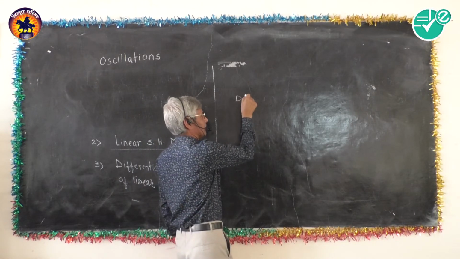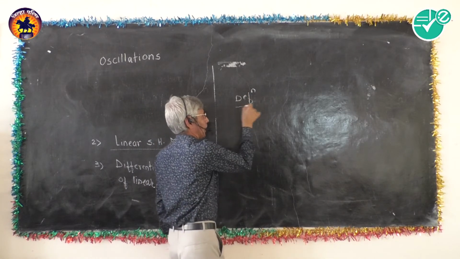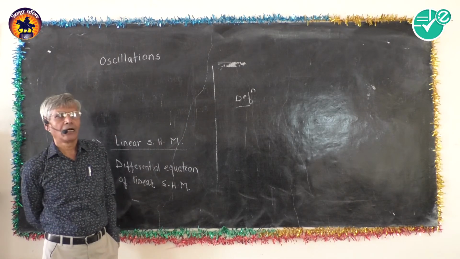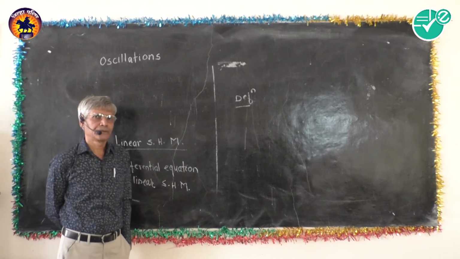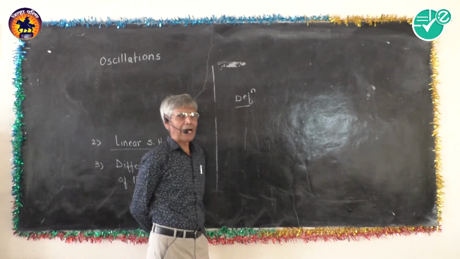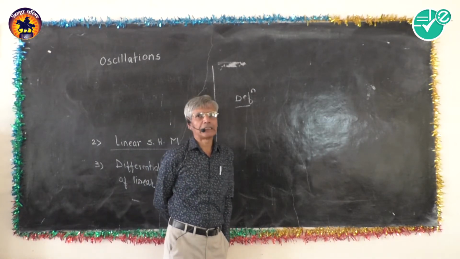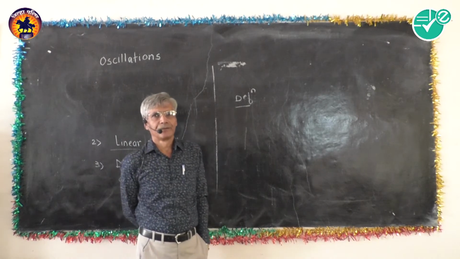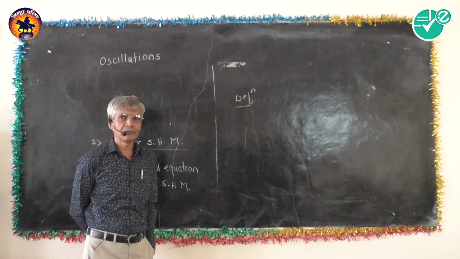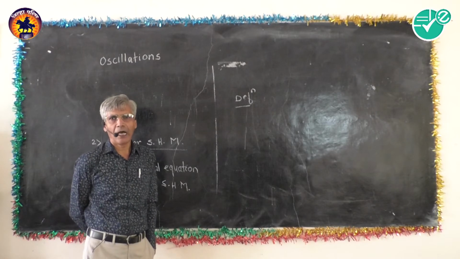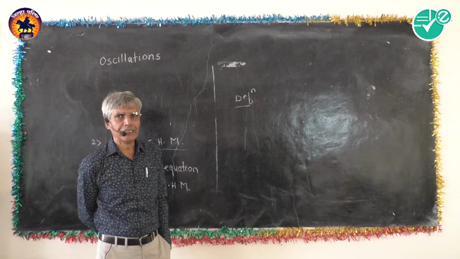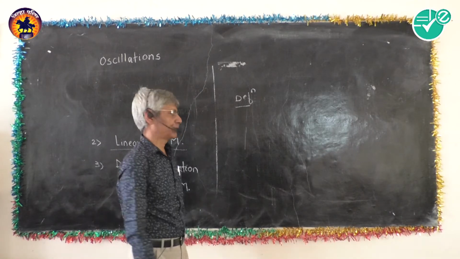The definition of the linearization is defined as a periodic oscillatory motion along a straight line, in which the magnitude of the restoring force acting on the particle is always directly proportional to its displacement from the mean position, and the restoring force is always directed towards the mean position.